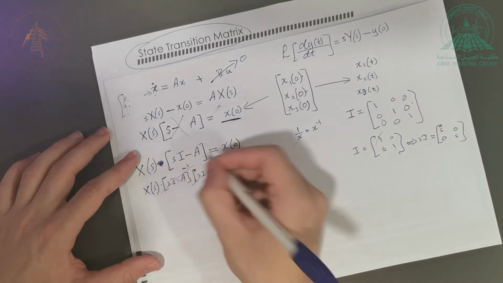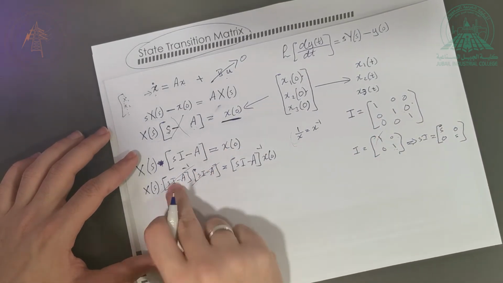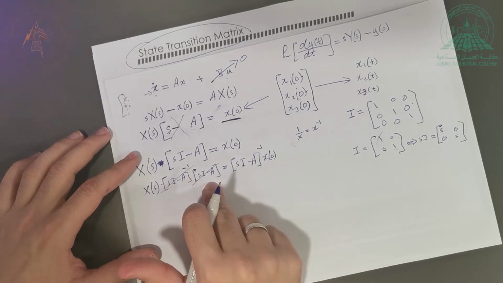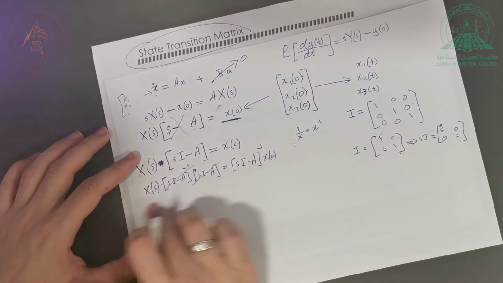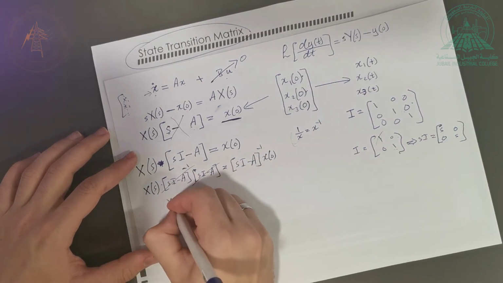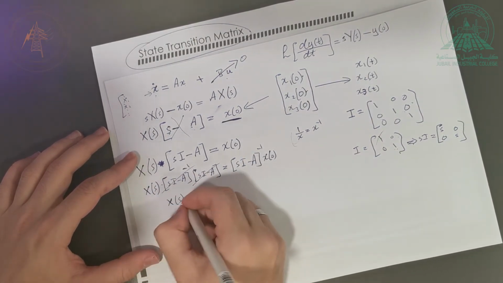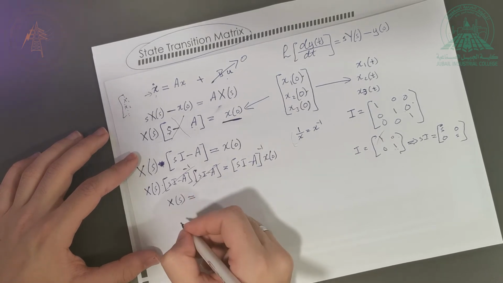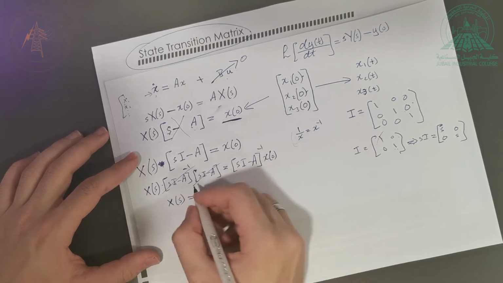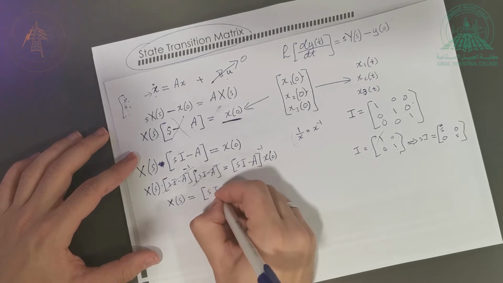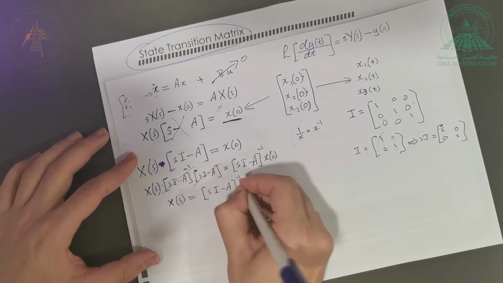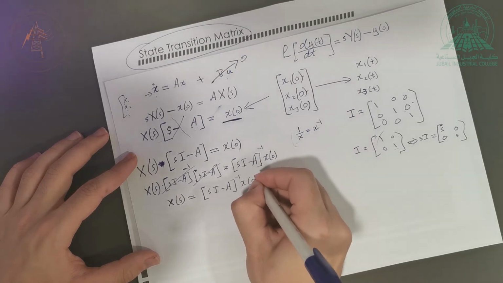The inverse multiplied by the matrix itself, they will cancel with each other. It will give me the identity. So what do I get on the left side? I get x of s. So x of s is equal to (sI minus A) inverse x of 0.